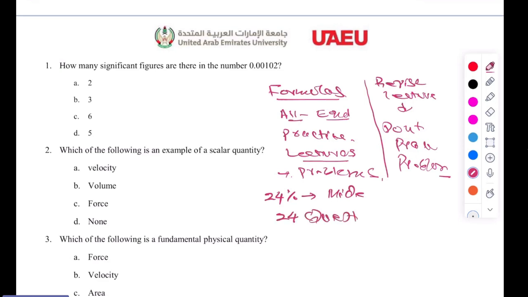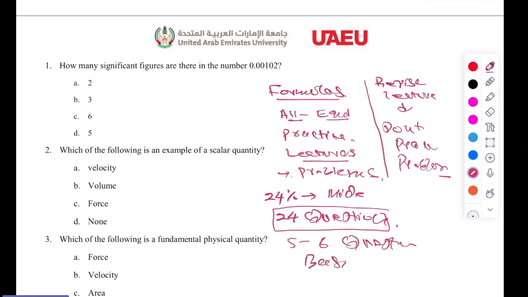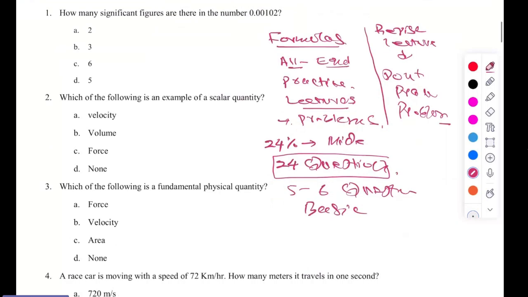There are five to six questions that are very basic in nature, that you don't require any kind of calculations. Five to six questions, maybe seven, eight, just the concept questions. For example, in this we have question number two.